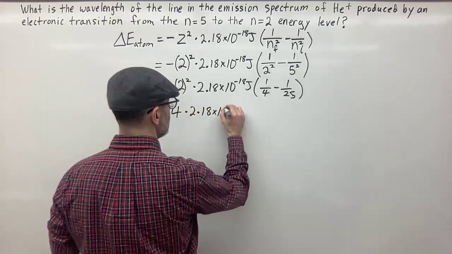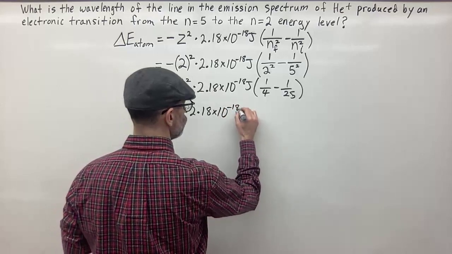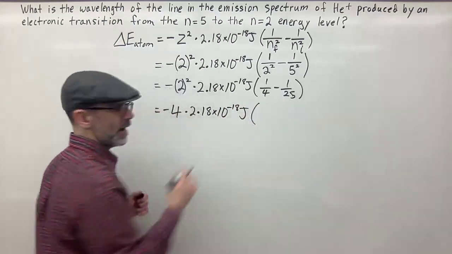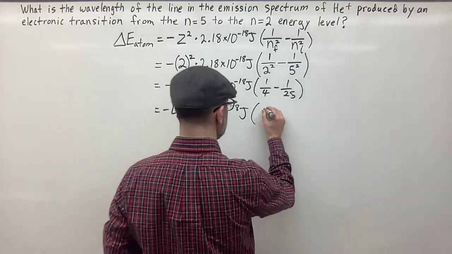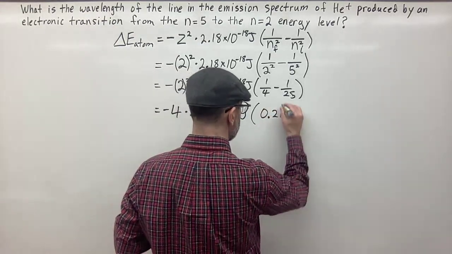2.18 times 10 to the negative 18 joules multiplied by 0.21.